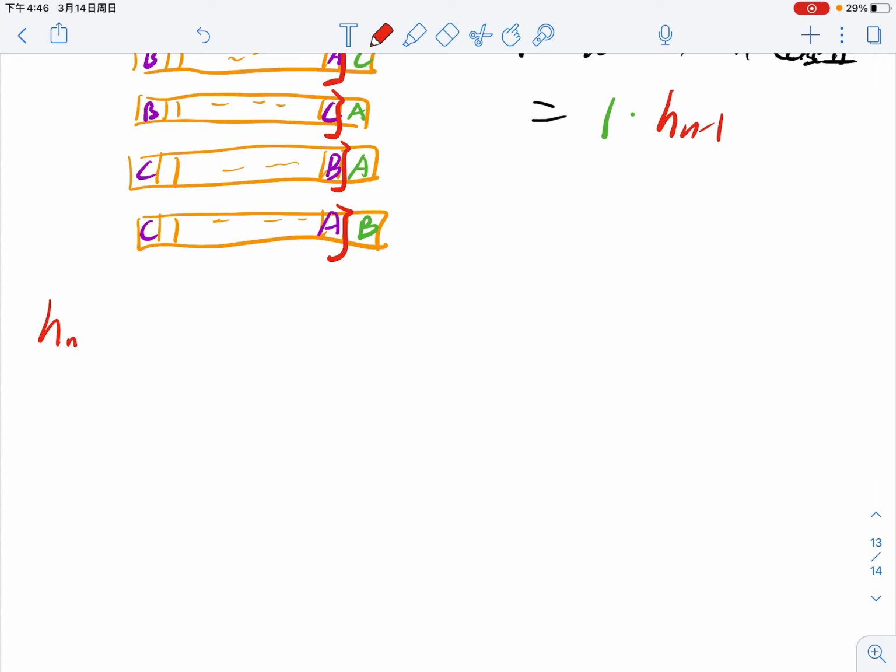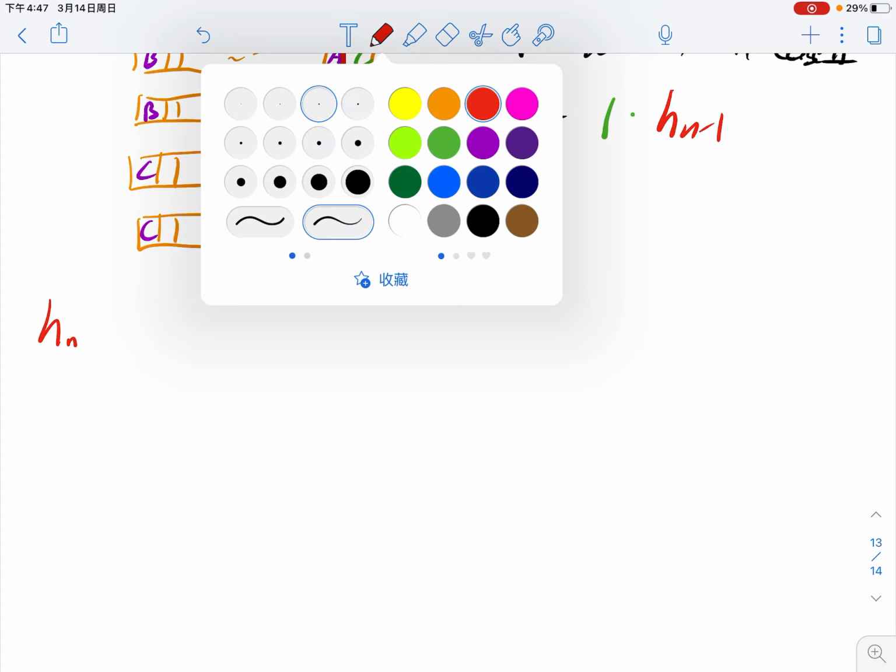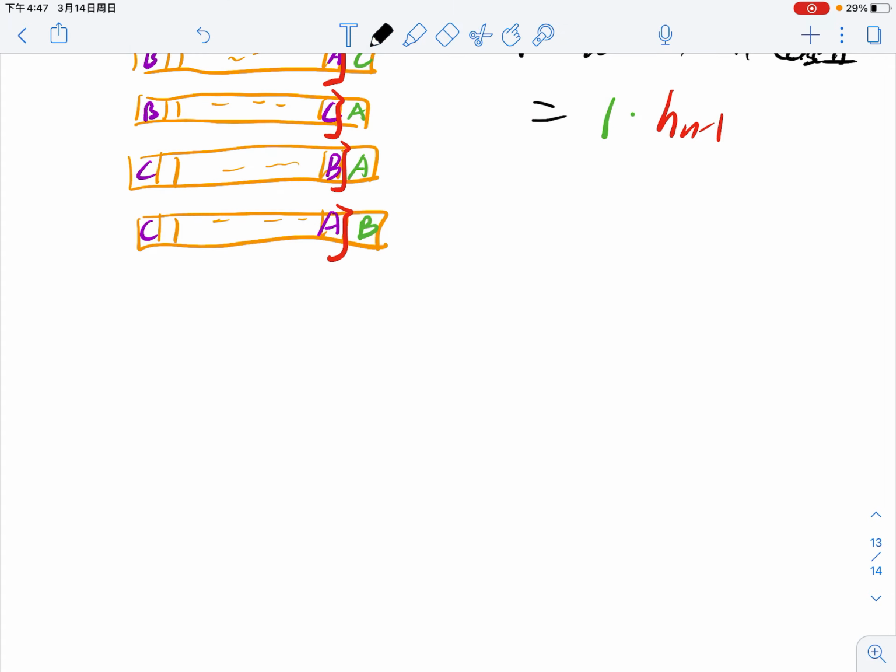Therefore, Hn is, sorry, H(n-1) plus 2 times H(n-2).